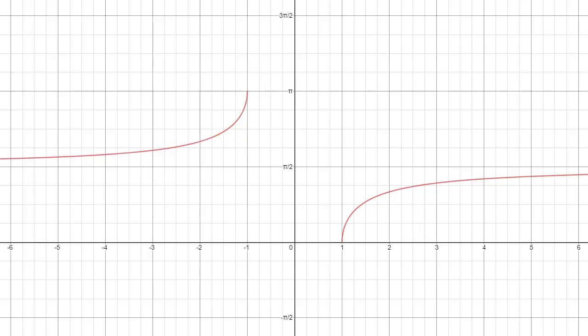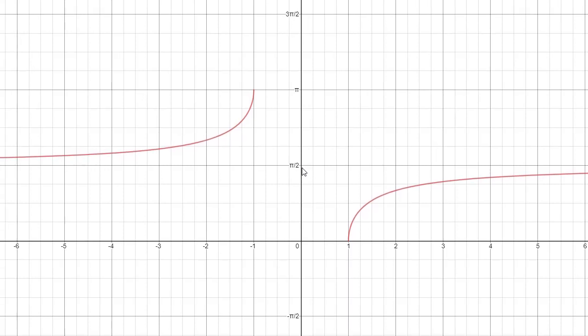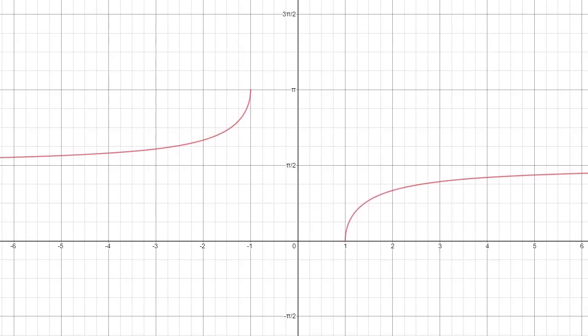So I've prepared a graph of secant inverse here. So this is the graph of secant inverse. Okay, and as you can see, from left to right, it is always increasing. Right, so here it increases up to here, and then there's nothing here between -1 and 1, and that's because, well, when we get back to it, I'll show you. And then it increases for the rest of its life.